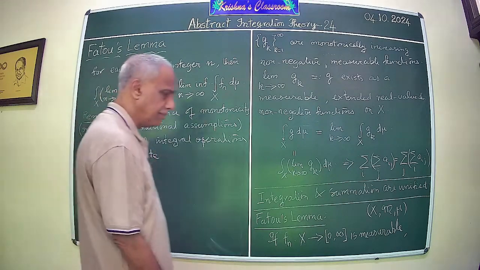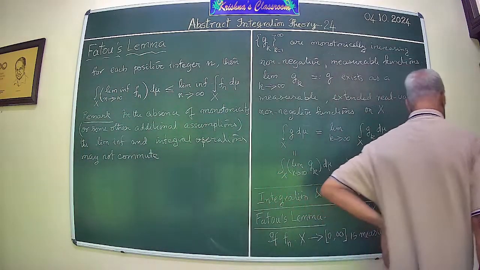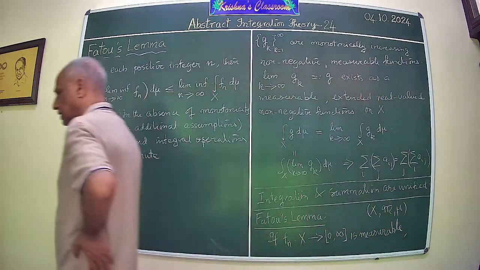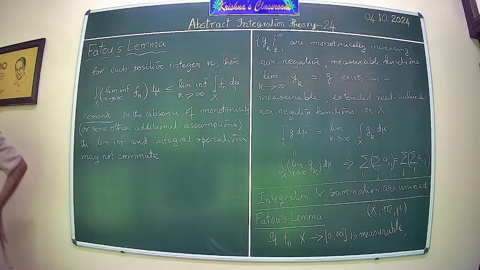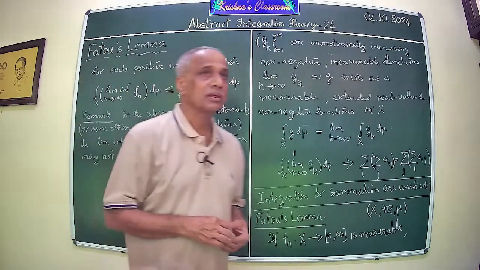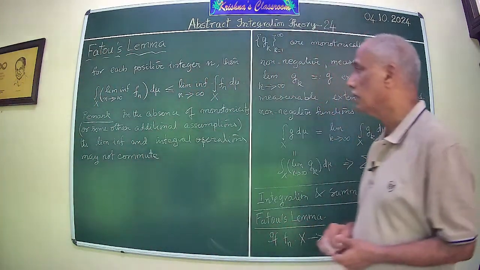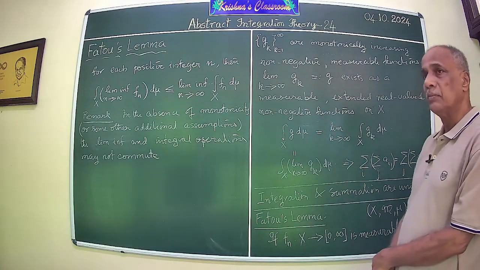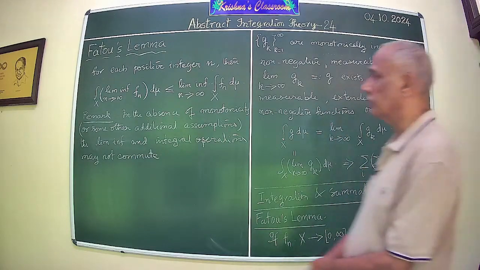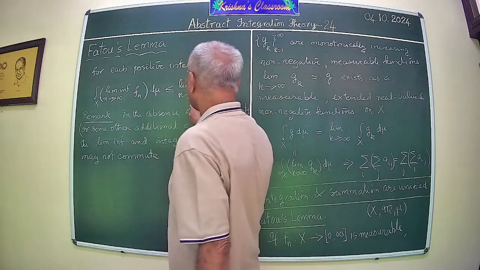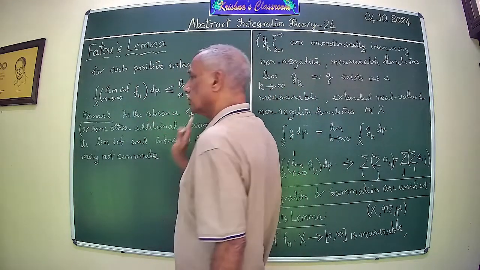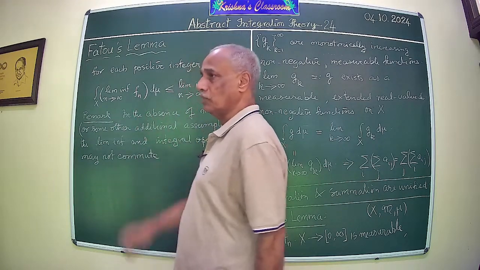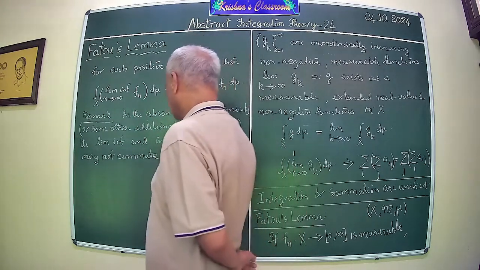This Fatou's lemma is essentially a caution that you cannot take it for granted that, irrespective of conditions on the sequence f_n, these two operations will commute. On the other hand, suppose f_n is monotonically increasing, then what happens? This becomes simply the limit. This also becomes monotonically increasing, and in that case they are equal. This is what the theorem says.